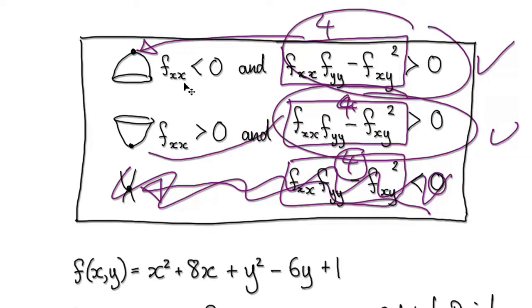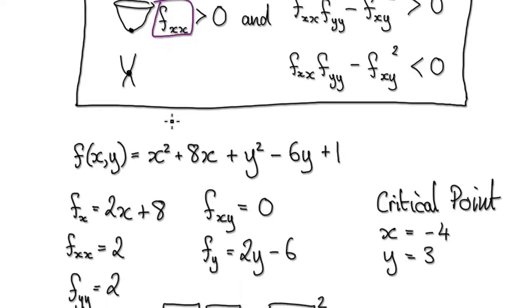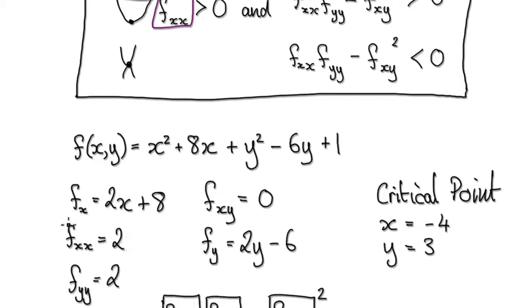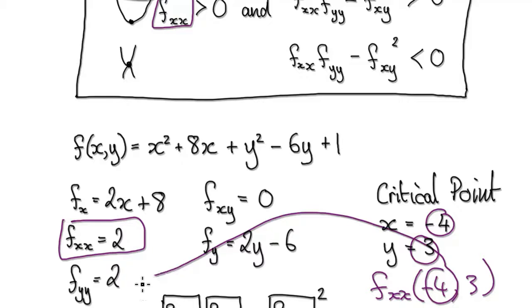So what you do is you look at this thing here. So we need to execute this and this. So going back down to here, fxx, we need to evaluate it at -4, 3. So put this into the x, but there's no x. Put this into the y, but there's no y.